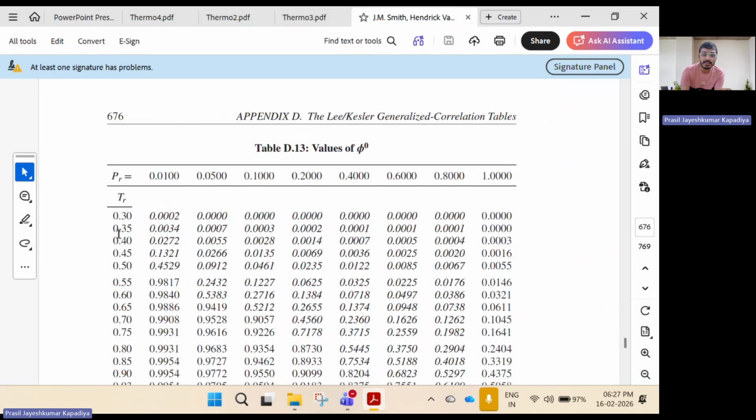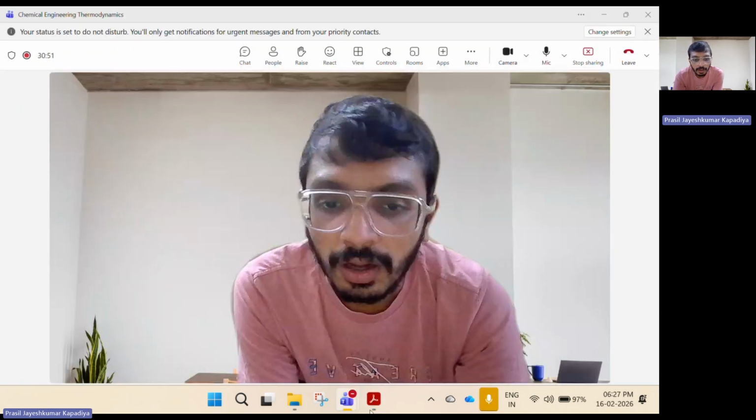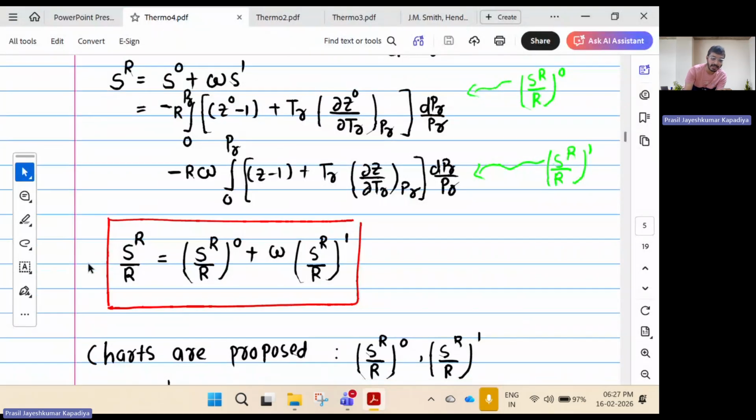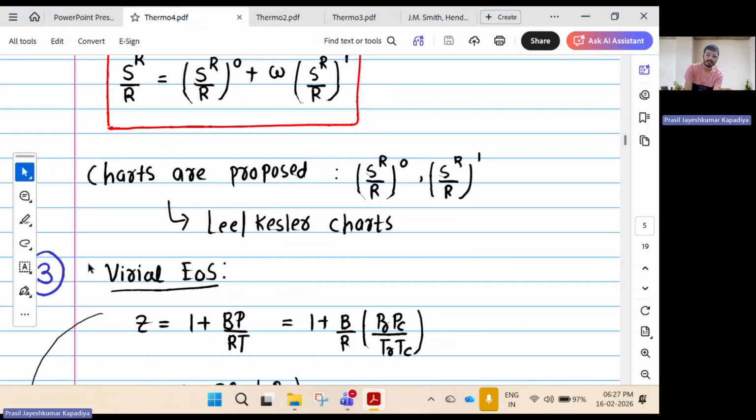If we know this, then we can easily estimate the values of these residual properties. These charts are generally called Lee-Kesler charts. So if you know the data of PR and TR, then it is easy to estimate these residual properties.